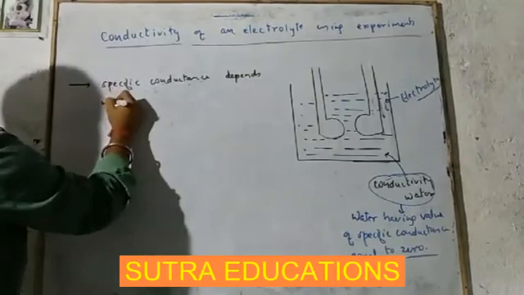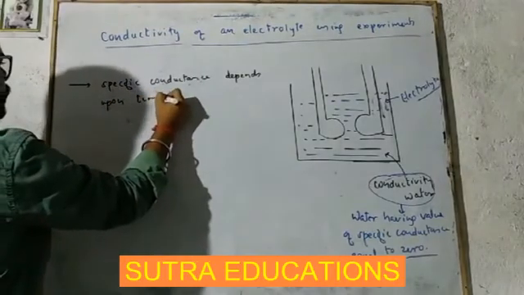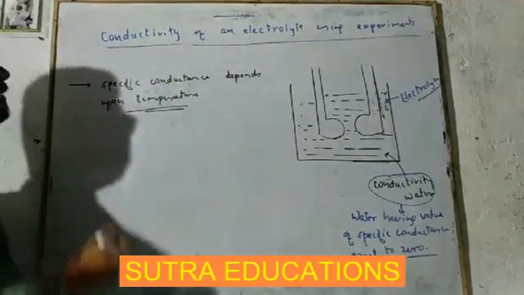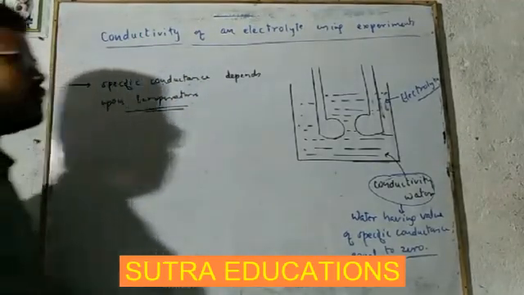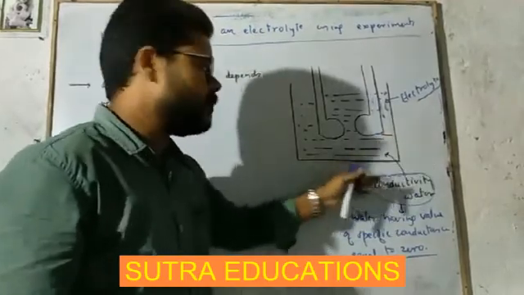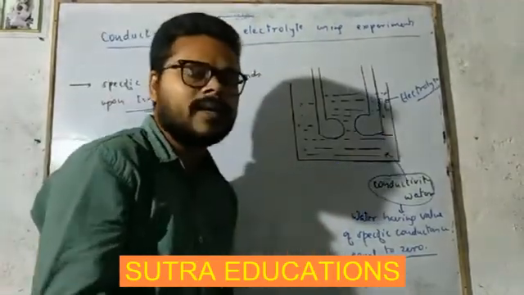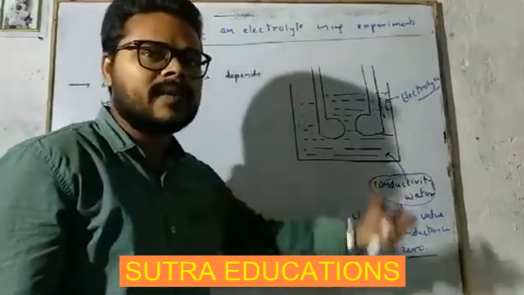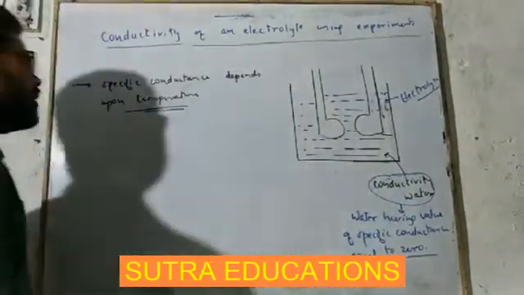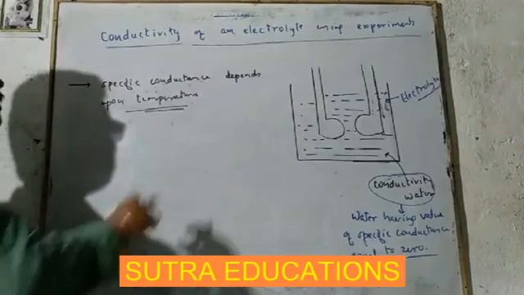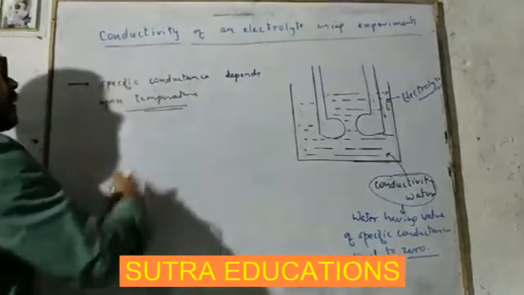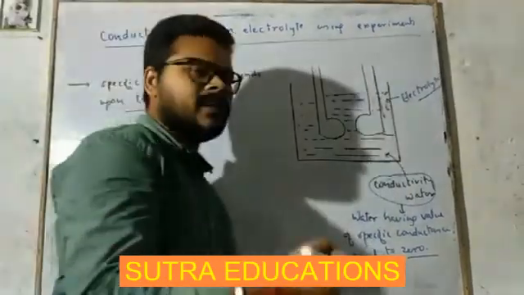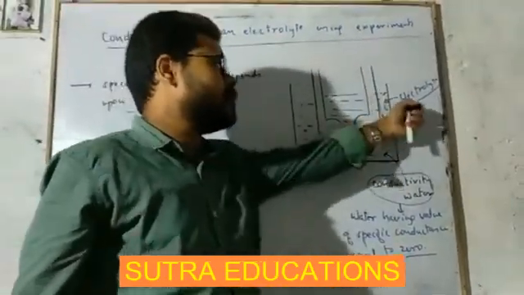So if the conductivity cell is open, then temperature can vary, and if temperature varies, then the value of specific conductance or conductivity will be affected. So we are not going to get the correct specific conductance for this electrolyte.